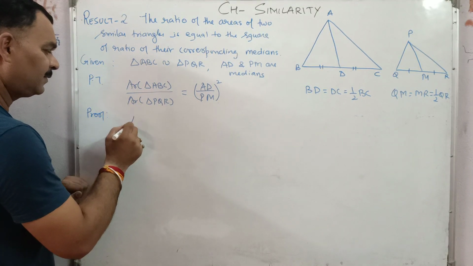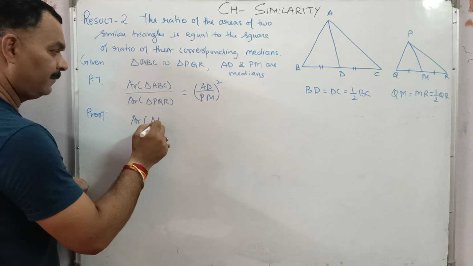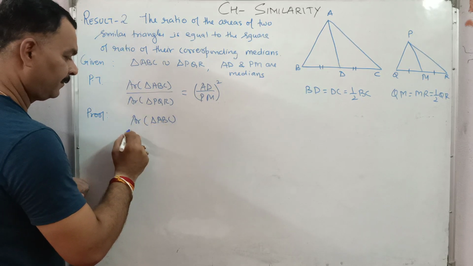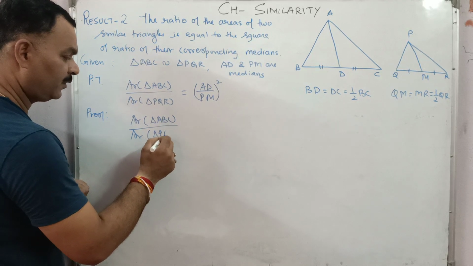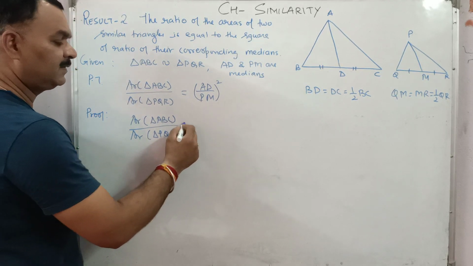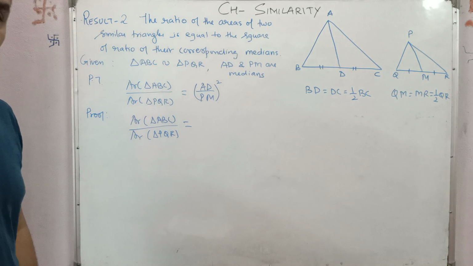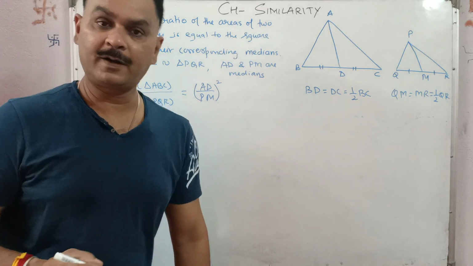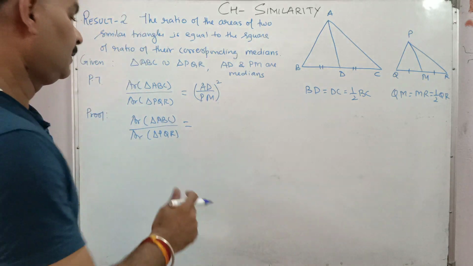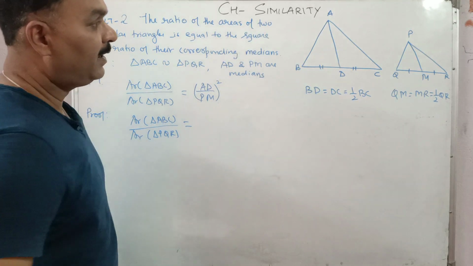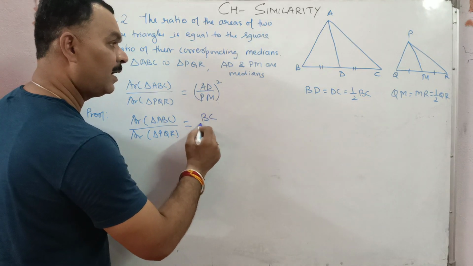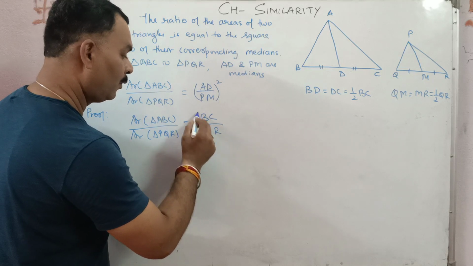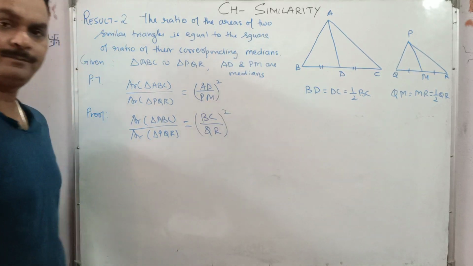We had just proved initially that the ratio of the areas of two similar triangles is equal to the square of the ratio of their corresponding sides. So the area of triangle ABC and the area of triangle PQR will be equal to BC upon QR whole square.